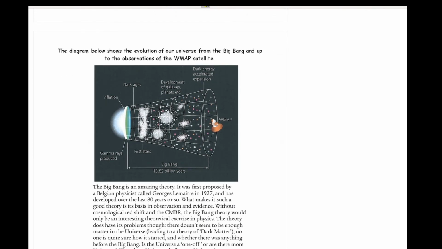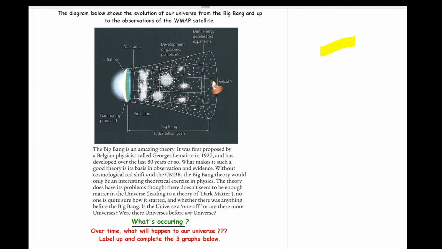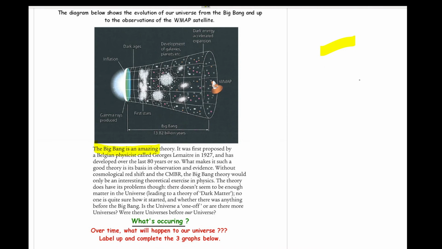We're almost at the end, but not quite. The Big Bang is an amazing theory. First proposed by George Lemaitre in 1927. What makes it such a good theory is its basis in observation and evidence.